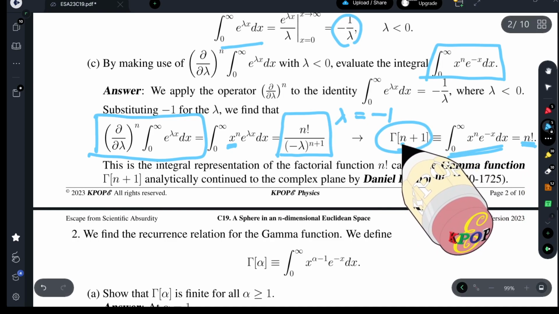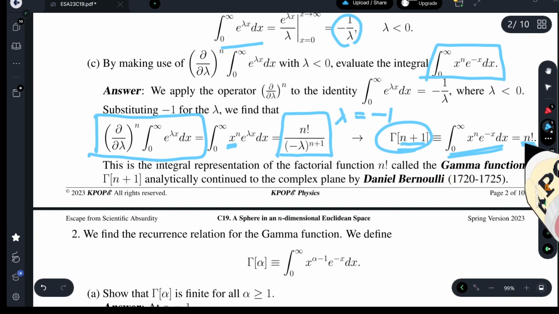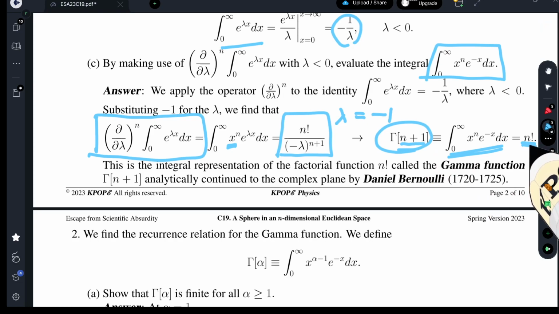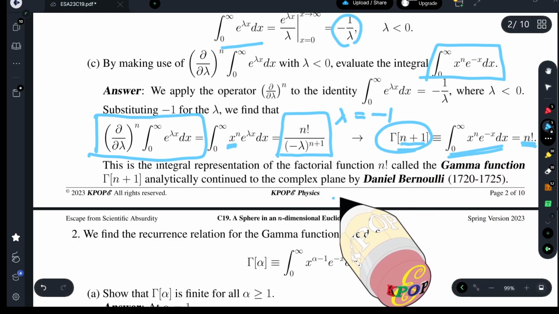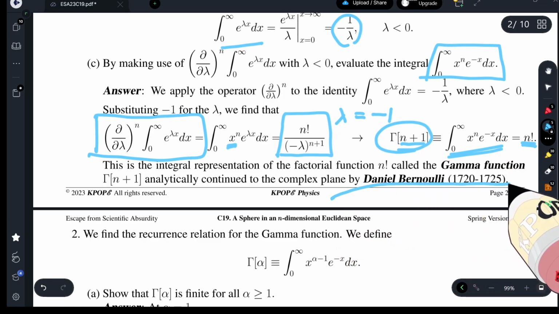Be careful, this is n plus 1, and if we write it in terms of factorial, it is n factorial. We'd like to extend this function to be defined not restricted to an integer, and that was first found by Daniel Bernoulli.